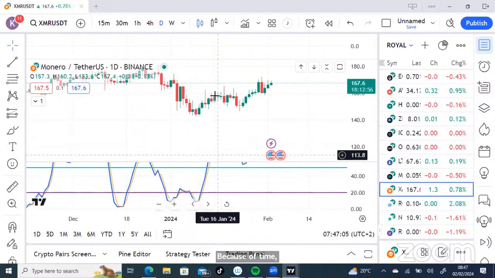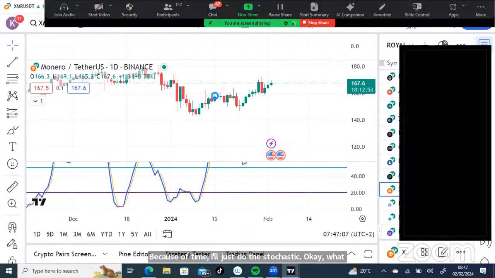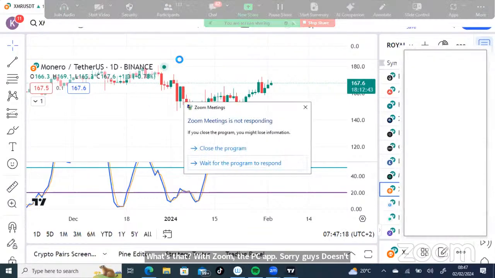Okay, what happens is this, guys. What's up with this Zoom on the PC? Sorry, guys, the Zoom on the PC is misbehaving. Close the program. Move out of the Zoom. Join again.